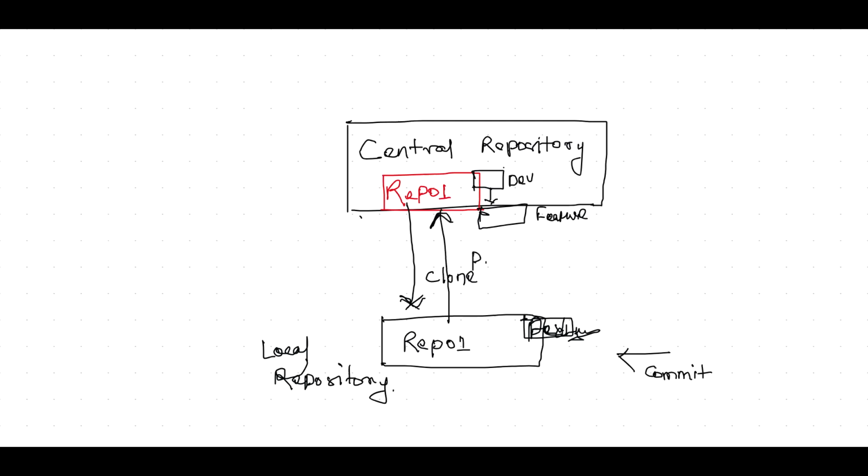Here, you are pushing your change into the central repository. Now, whatever change you did in this feature branch is here also. If you want to move this change into the develop branch, you need to create a pull request. So here, you will make a pull request.